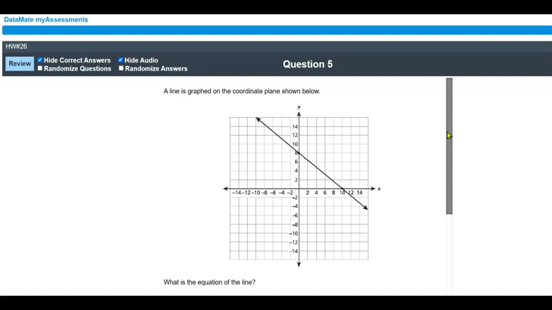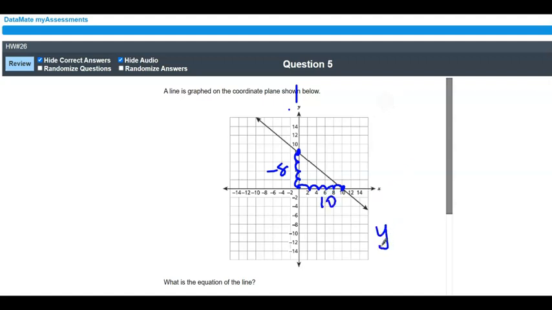Question 5 asks you, what is the equation of the line that's graphed here? Well, it looks like I have a y-intercept of 8. And here's another perfect corner point. And when I count down here, it looks like these boxes go by 2. So 2, 4, 6, 8 boxes down, and 2, 4, 6, 8, 10 boxes to the right.